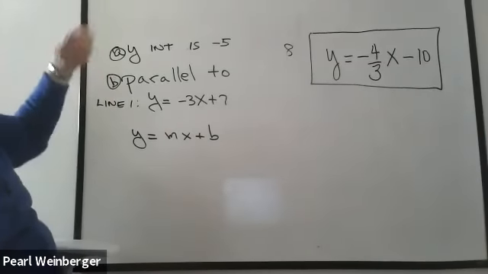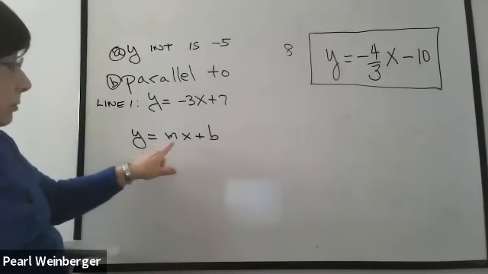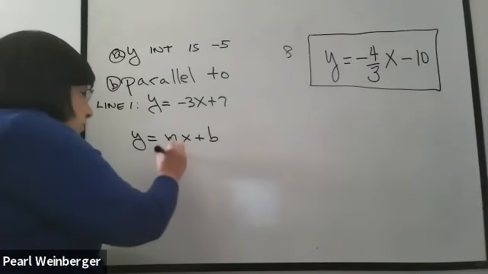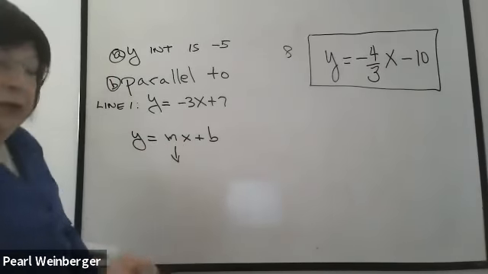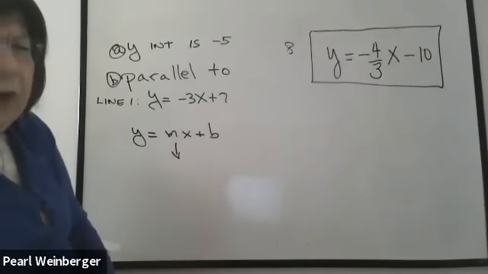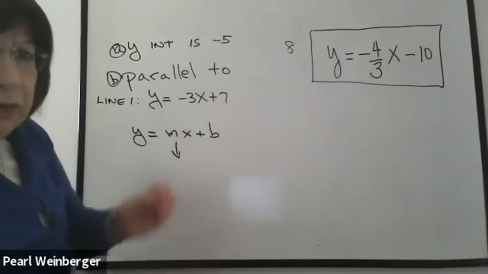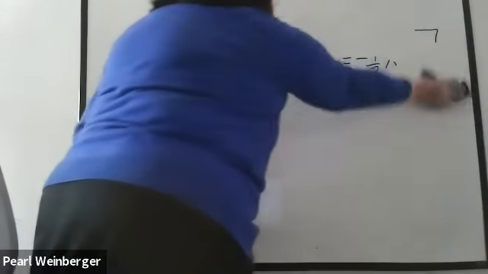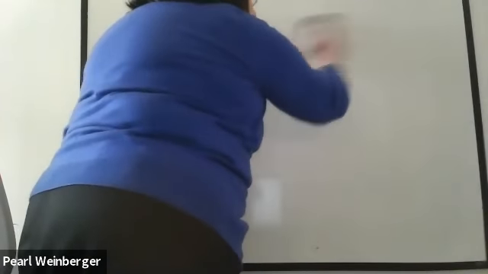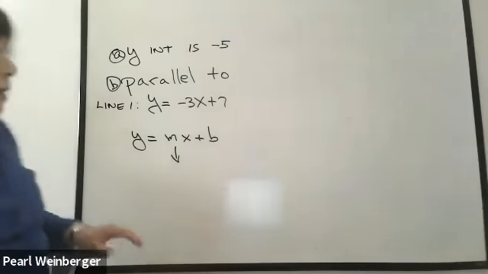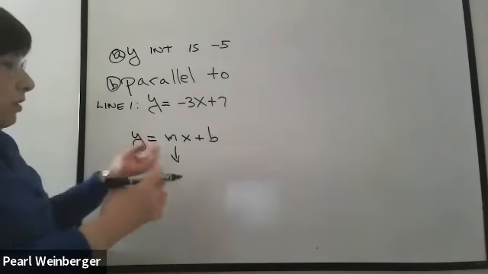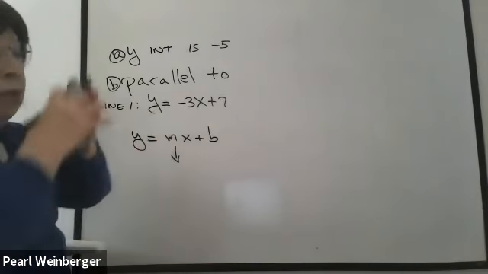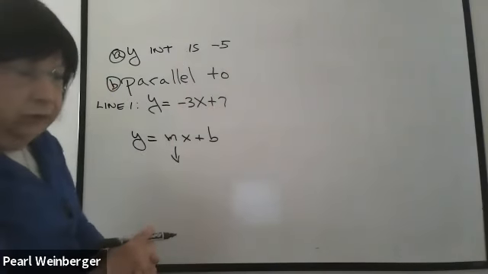Now, let's do what we did before. When I want to write equations of a line, I always worry about the m first. What is the slope of the line? Can I figure out what the slope of the line is? Once I figure out what the m is, then I worry about figuring out what the b is.